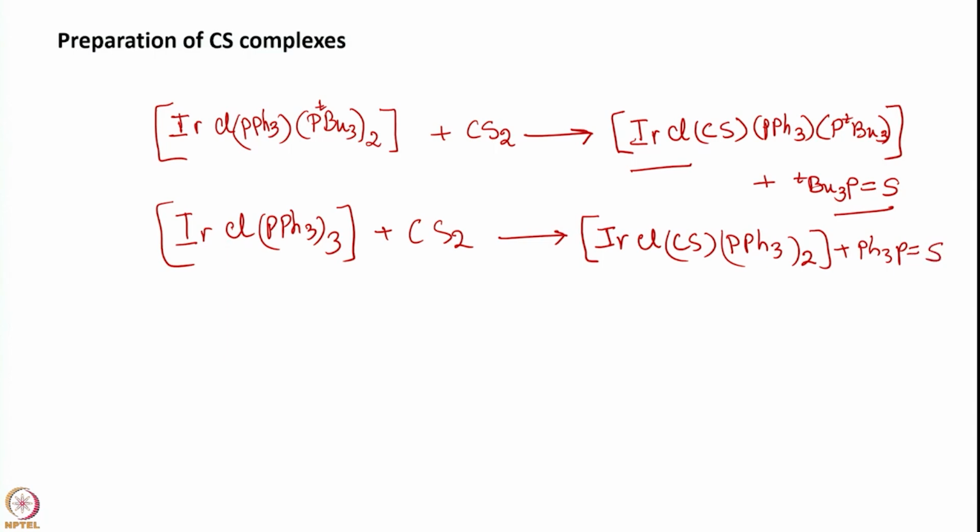This is one method of making CS complexes. Another important method is, so this is thioacetate.